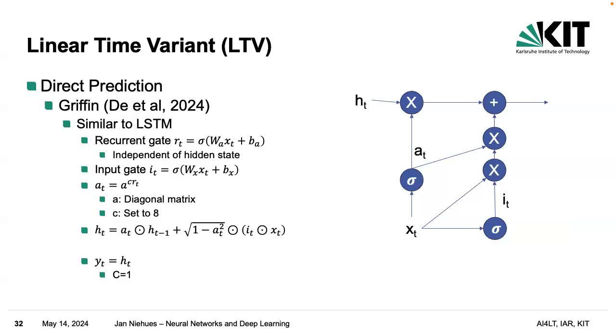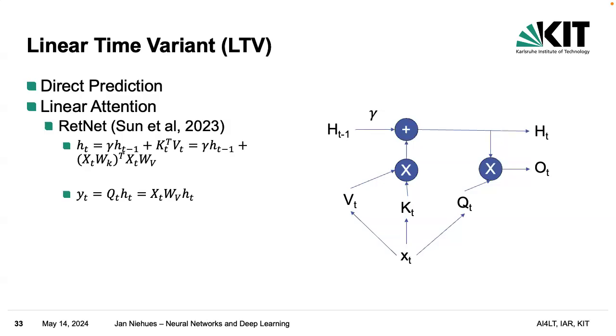A very important difference is that our gating mechanism is only depending on the input and not depending on our hidden state. Of course, you might now ask, why should it be better to have fewer possibilities? But the big advantage is, due to these fewer possibilities, we can do the parallel scan and we can efficiently calculate that.